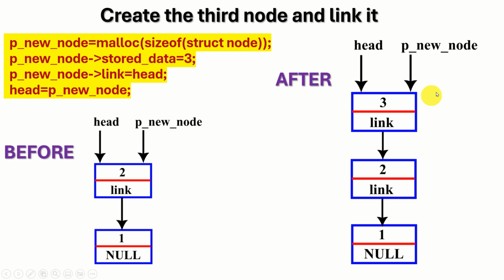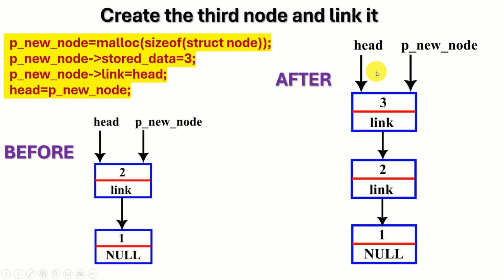As the result, we will have this situation. Here is our third node. This third node is added at the top of the linked list. Over here, we linked this node with the second node, and that's precisely done over here. And finally, we shifted the head such that the head points to the top of the linked list.